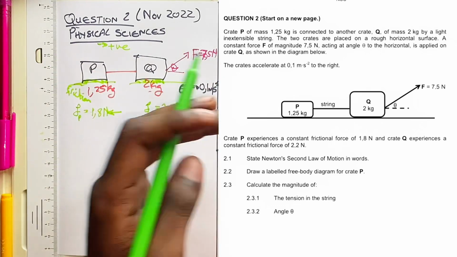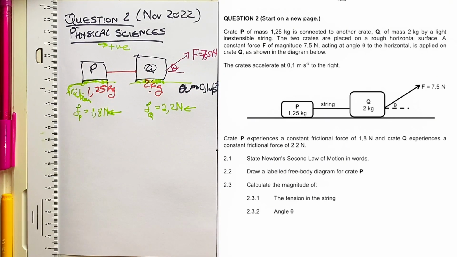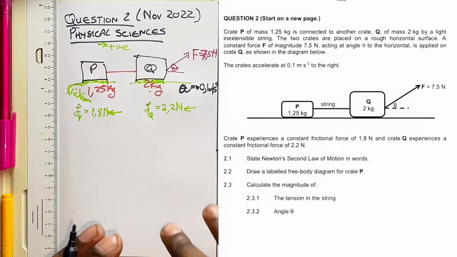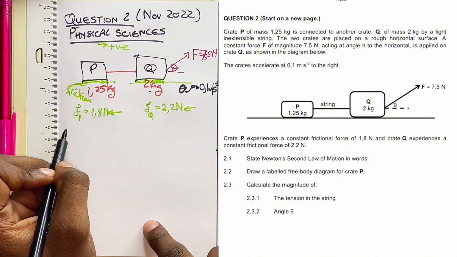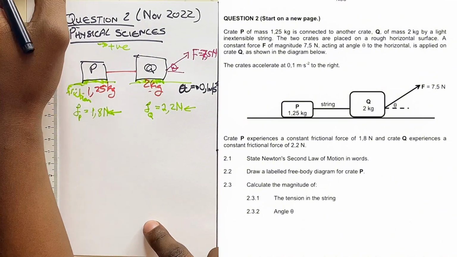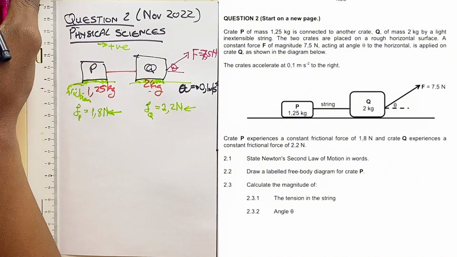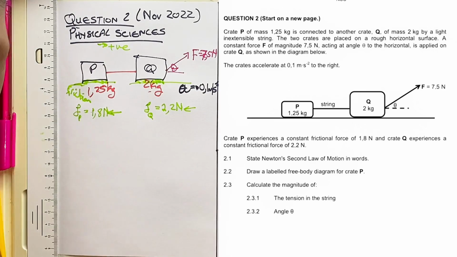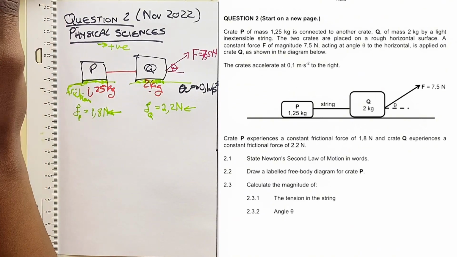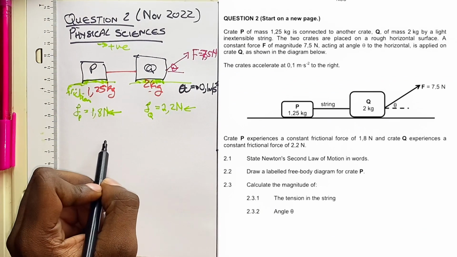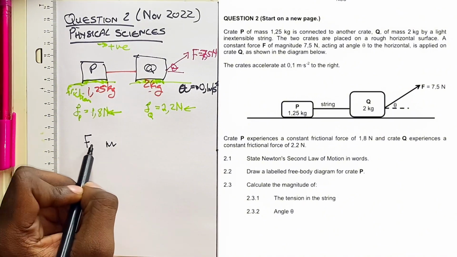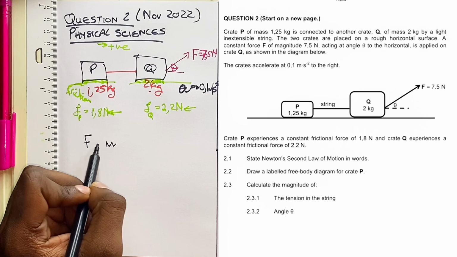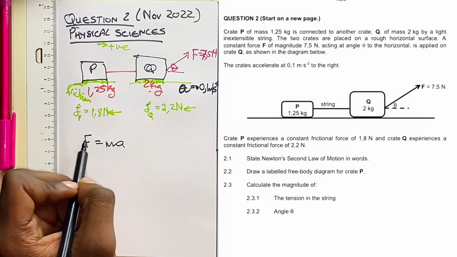Now 2.1 says state Newton's second law of motion in words. I will just state that and not write it down. We know that when a resultant force acts on an object, the object will accelerate in the direction of the force.